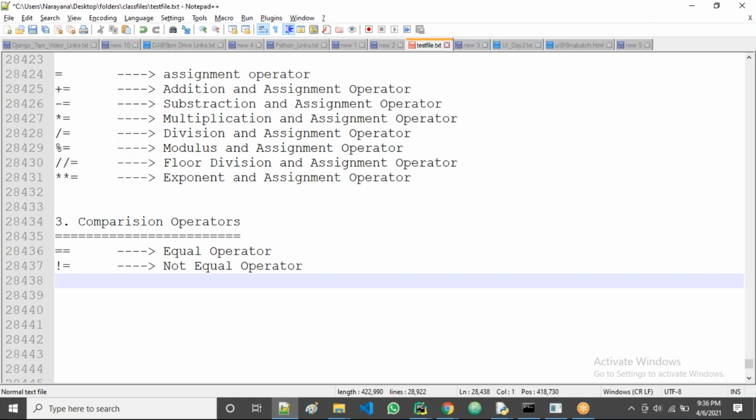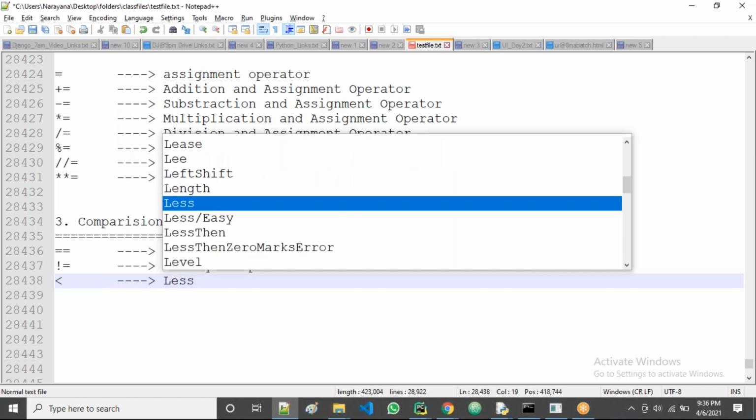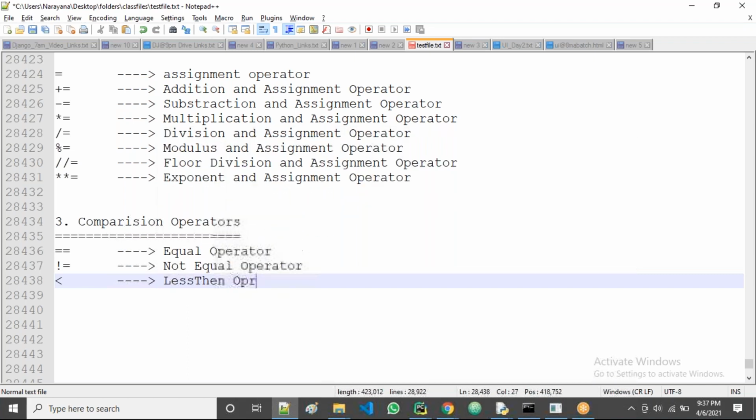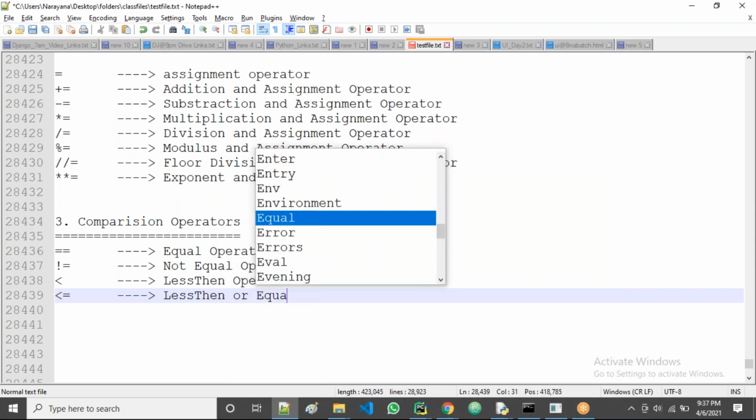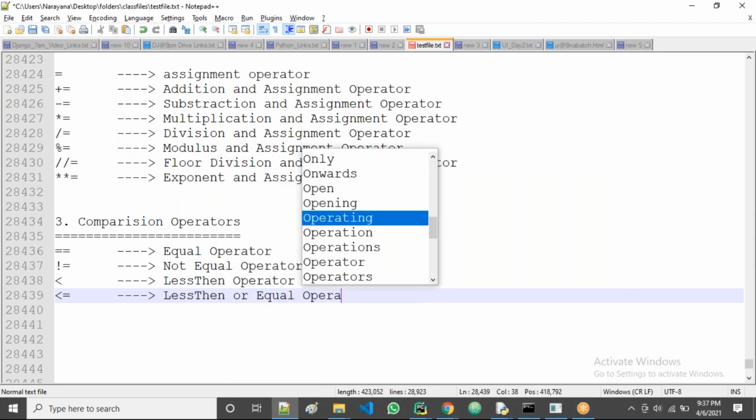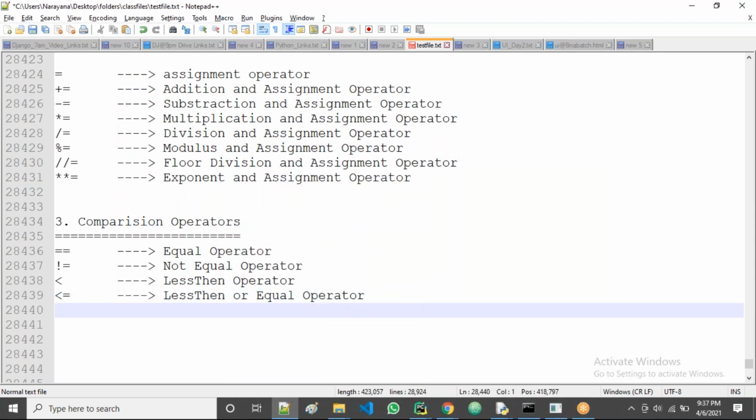Next one is less than operator. Next one, less than or equal operator.